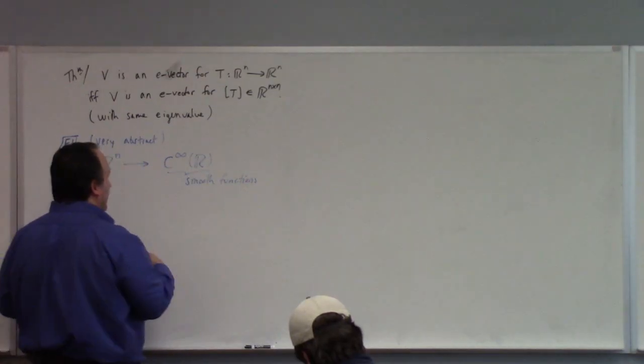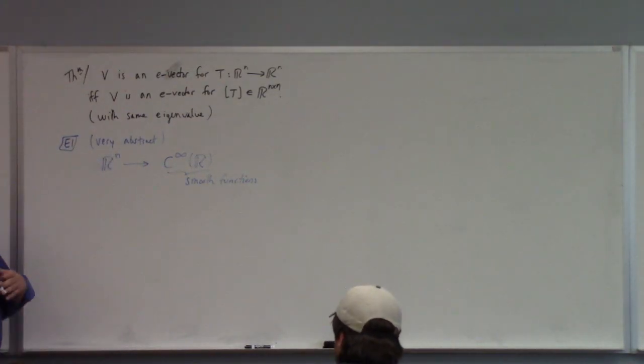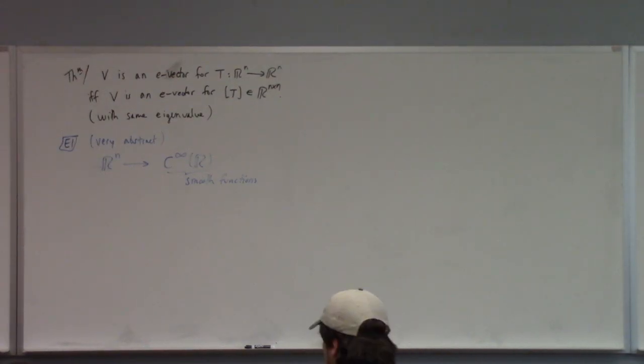The set of smooth functions forms what's called a vector space. If you add two smooth functions together, you get a smooth function. If you take a scalar multiple of a smooth function, you get a smooth function. At the moment, you're wondering what's a smooth function. It's a function that you can differentiate as many times as you like, and the derivative is always continuous. So basically, functions that are differentiable without end.